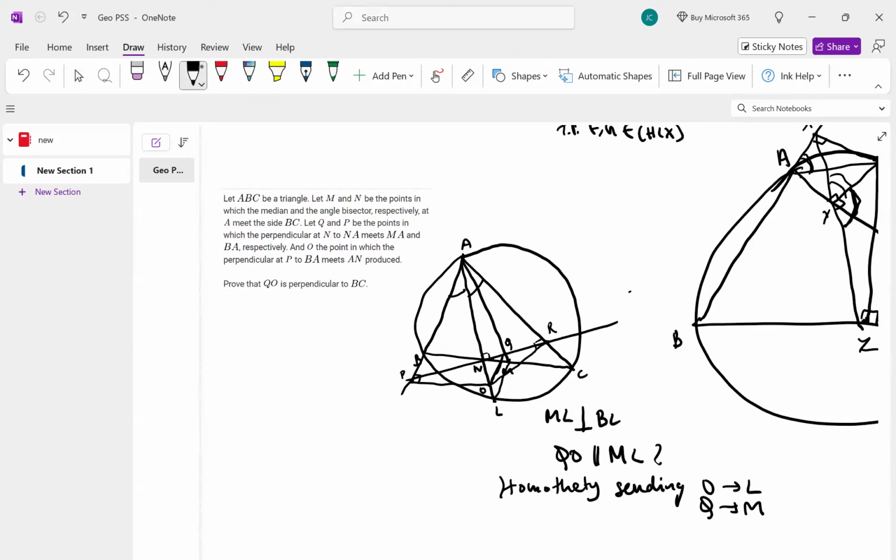And this is just because of similar triangles, or you can just say you're reflecting about the angle bisector. So OR is perpendicular, and then OPAR is cyclic, right? OPAR is cyclic, yes. And then Simpson line of APR.